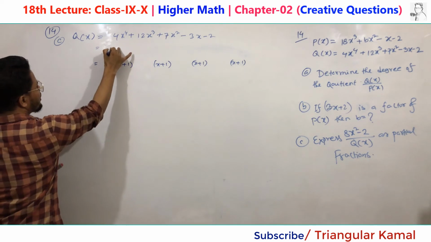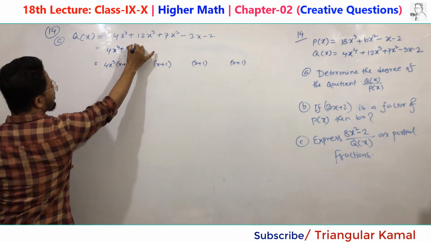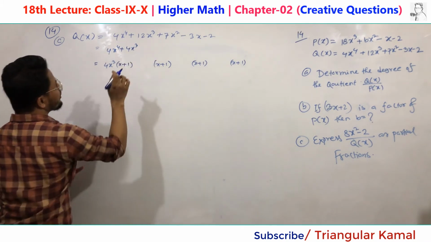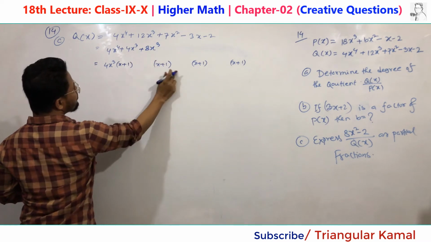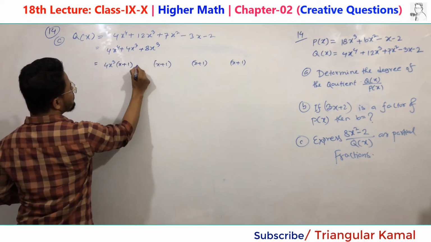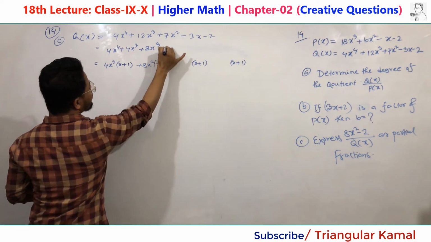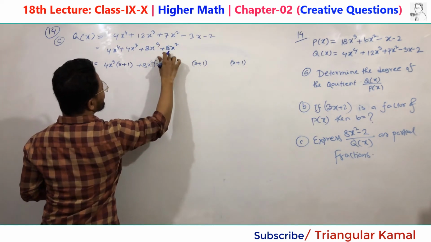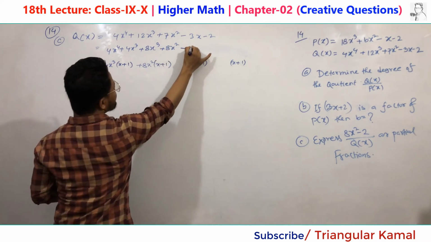Then multiply 4x to the power 4 plus 4x to the power 3. What you see here is 12, so the remaining is 8x cube. In 8x cube, inside the bracket you see x plus 1, so 8x square will be common. Then multiply, there will be 8x square. And already here 7x square, we wrote 8x square, so minus x square will be here.